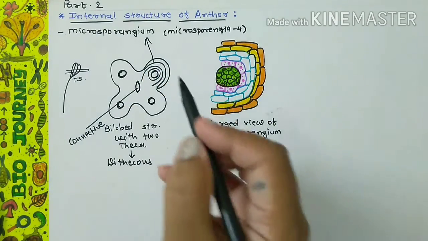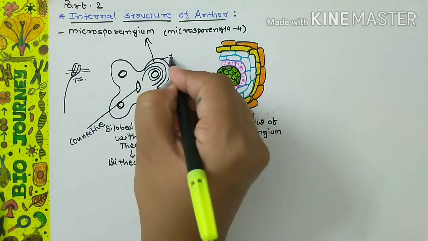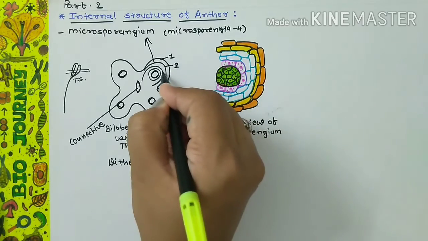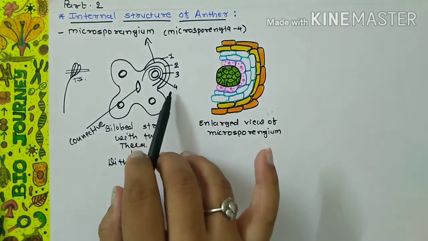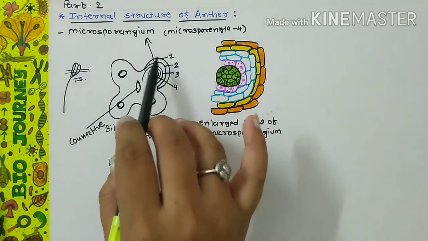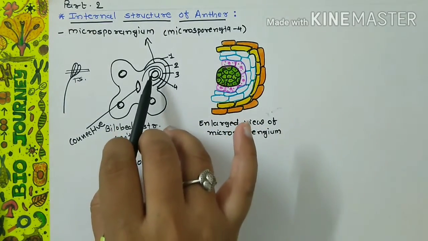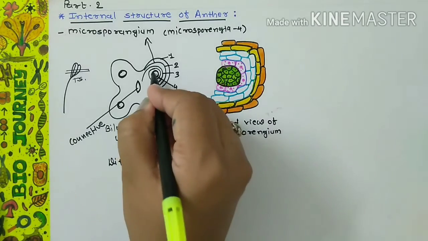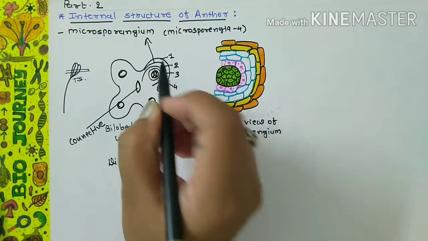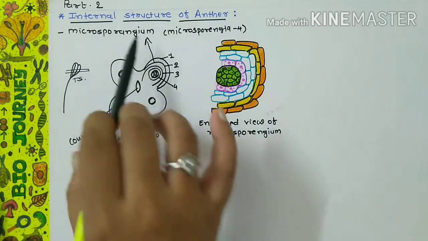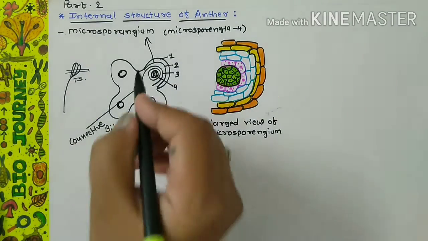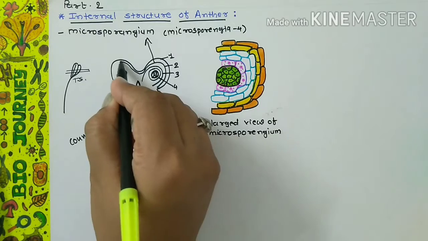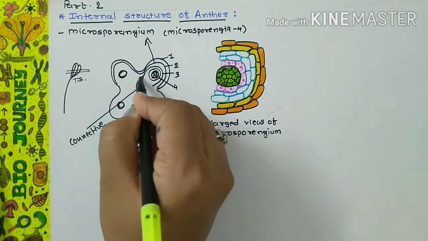Here you can see these: 1, 2, 3 and 4. These four different layers are protecting and providing nourishment to the inner cell mass. This is the inner cell mass of each microsporangium. The same structure you can see over here also, because this layer is in continuation like this.